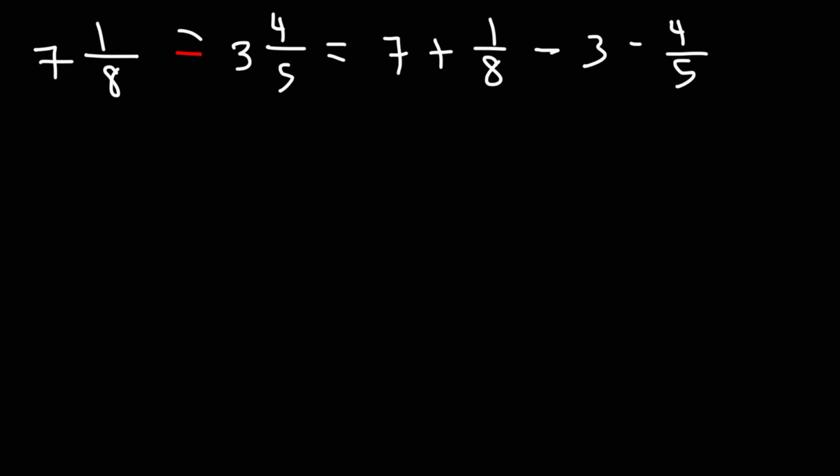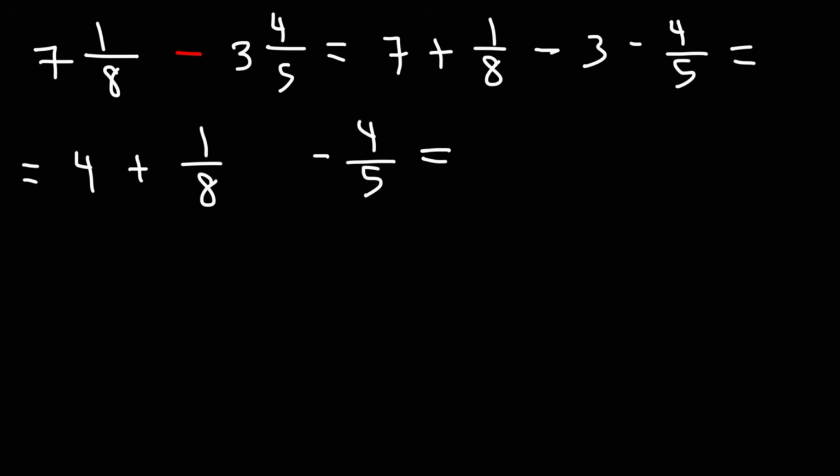Don't forget to distribute the negative to the 3 and the 4 over 5 as well. So now let's combine the whole numbers. 7 plus negative 3, and that's going to be positive 4. And then we're left with 1 over 8 minus 4 over 5.